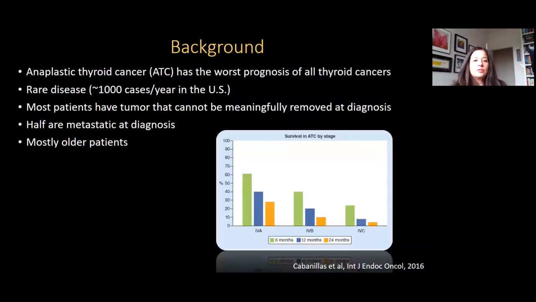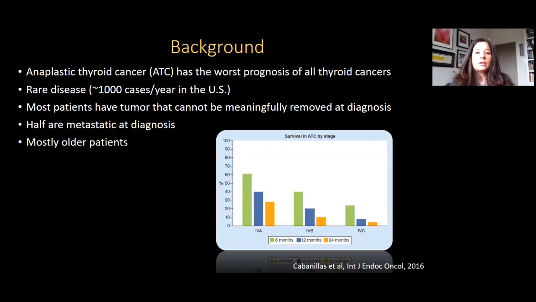Okay, so in terms of the clinical aspects, anaplastic thyroid cancer does have the worst prognosis of all the thyroid cancers. It's rare. We think there are about 1,000 cases in the United States per year, but that might be an underdiagnosis because some may not be recognized as having anaplastic thyroid cancer.